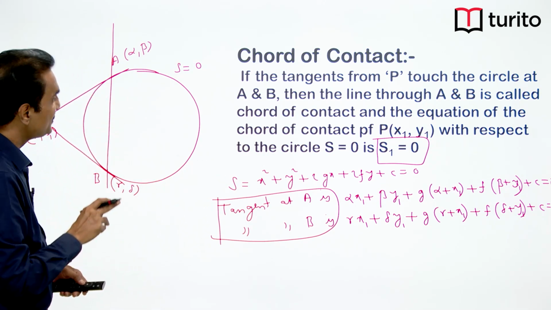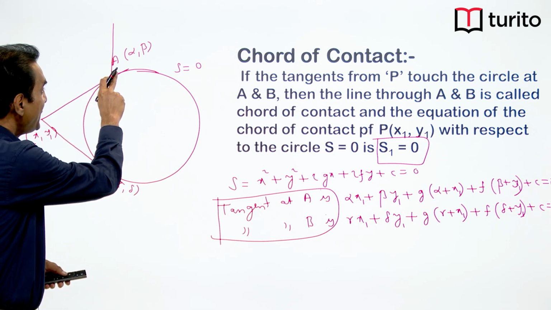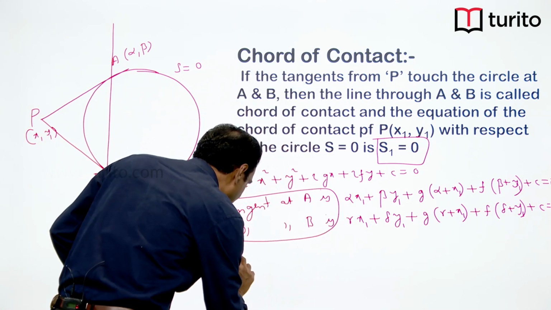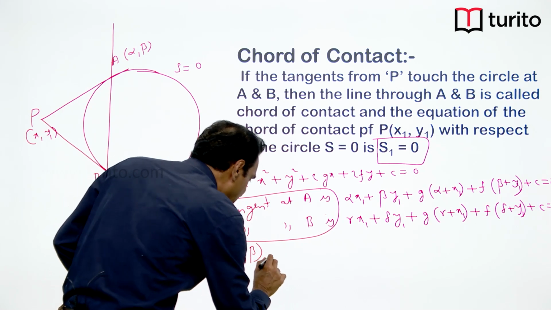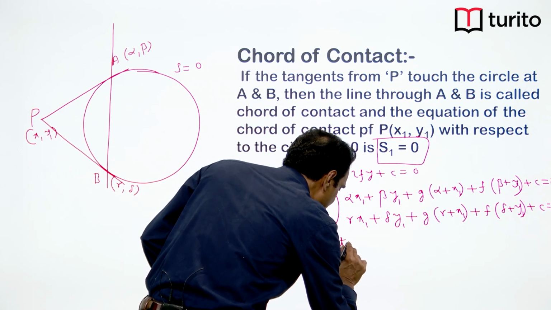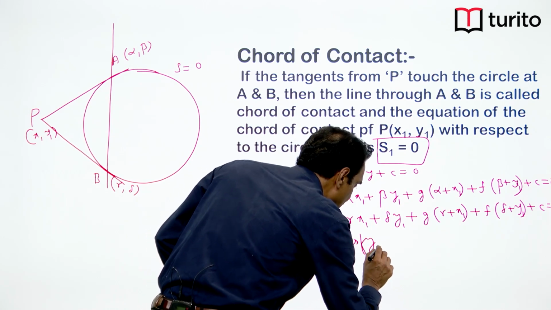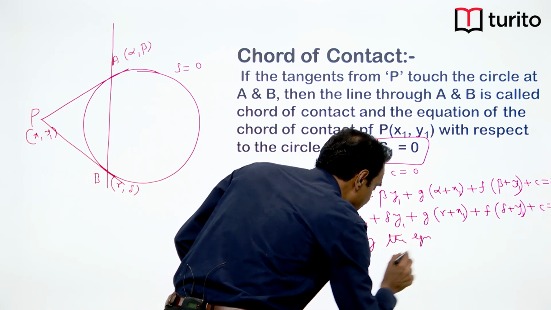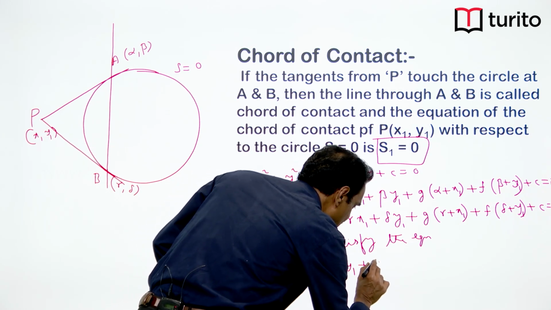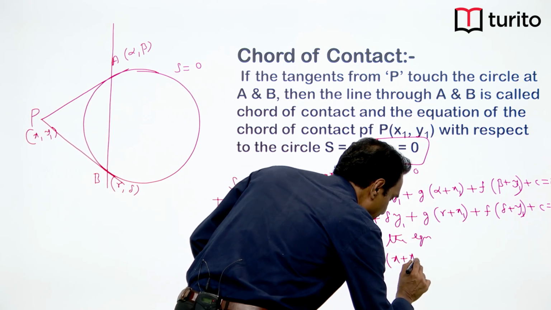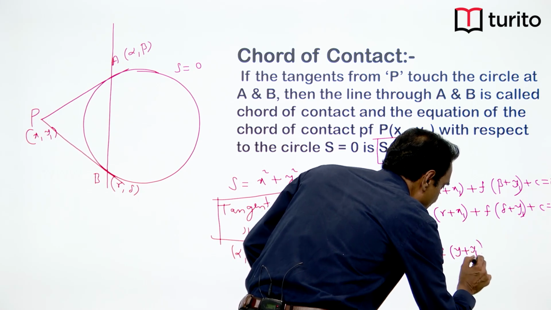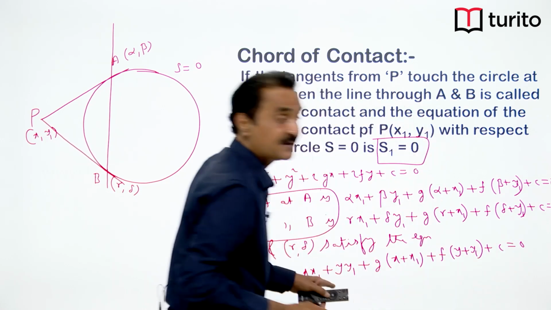Now from these two conditions you can easily observe that the points alpha comma beta and gamma comma delta satisfy the equation x x1 plus y y1 plus g into x plus x1 plus f into y plus y1 plus c is equal to 0, right.